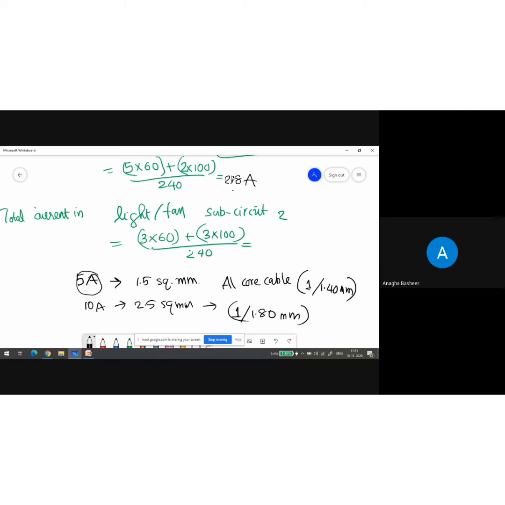Then next is 2.2 ampere. So these are within this limit.